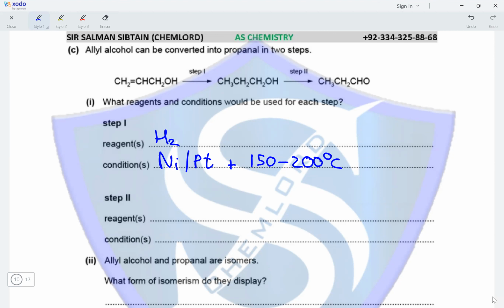And in step two, we have conversion of a primary alcohol into an aldehyde and not a carboxylic acid. So we cannot use a harsh oxidizing agent. We will need to use a milder oxidizing agent. So the reagent would be acidified K2Cr2O7, and another thing that would be needed is that we heat it along with distillation.